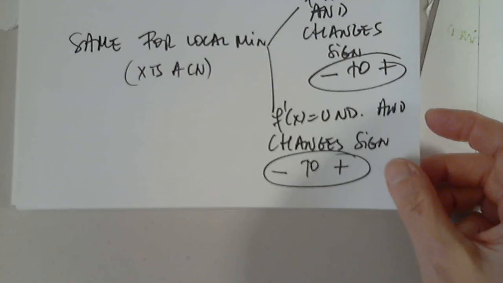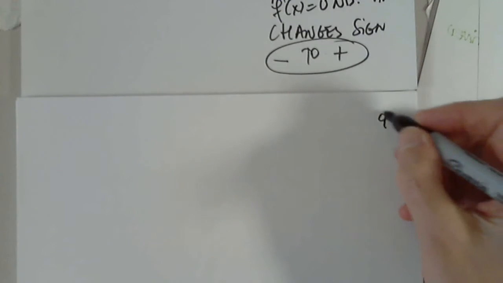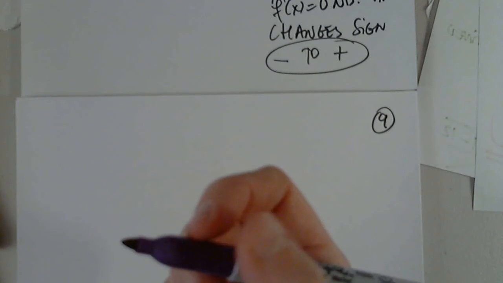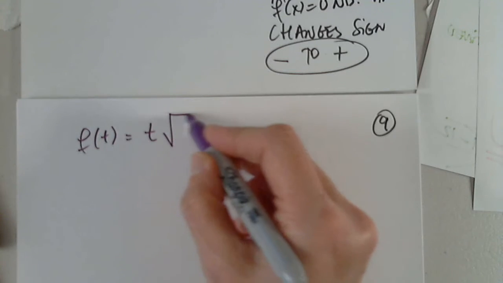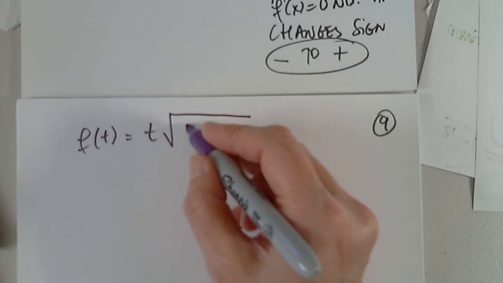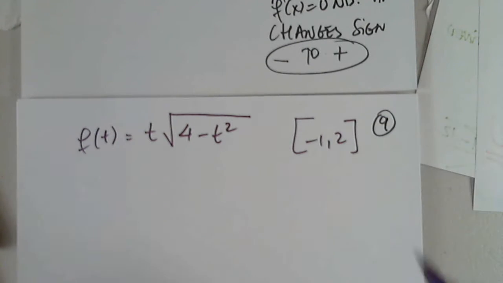Okay, keeping this in mind, let's take a look at the study of the max min of a function on a closed interval. So let's look at another type of function so we see all different types possible. t times the square root of 4 minus t squared, and this is on the interval -1, 2.